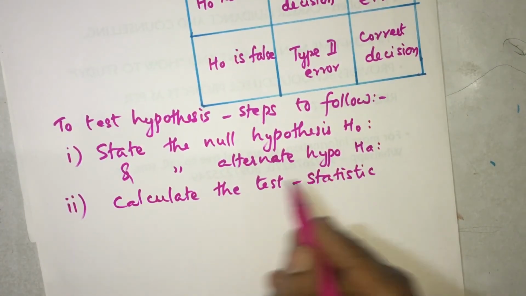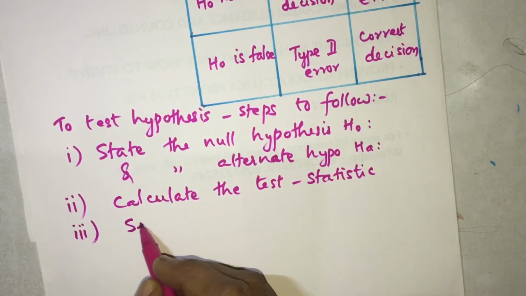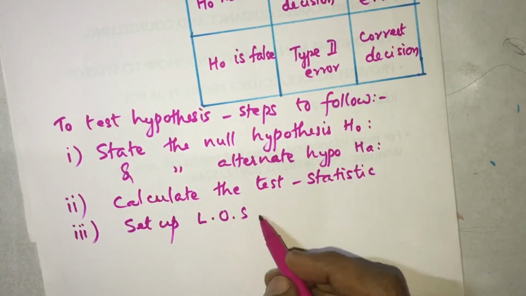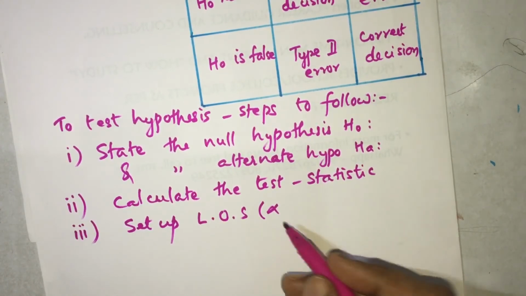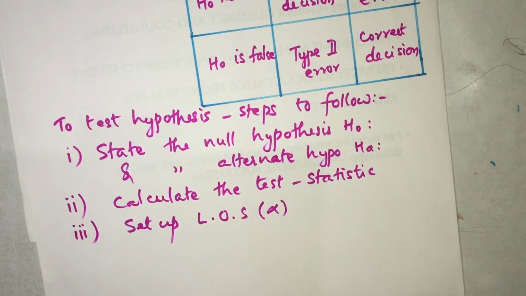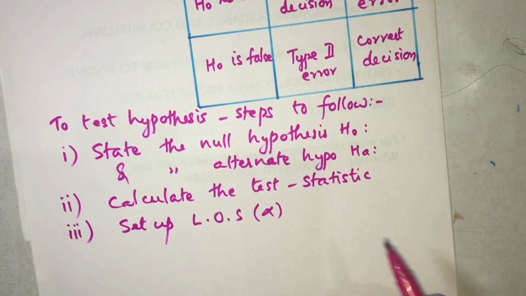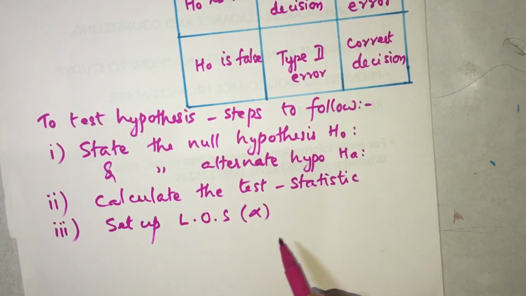Then the third one is to define or set up the level of significance, that is alpha, say 10% or 5% level of significance. If it is not given in the question, we need to assume it as either 10%, 5% or 1%, depending on the question and on your availability of the table, you can define that one.